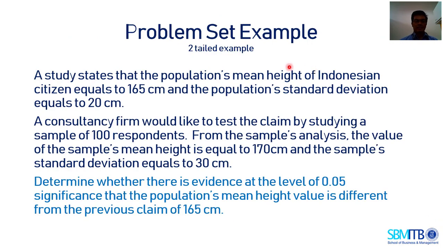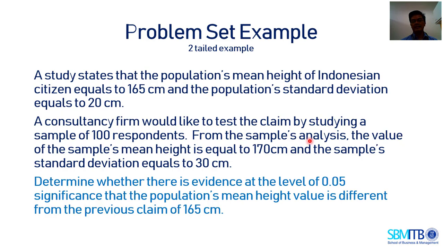So we have an example of a problem set. A study states that the population's mean height of Indonesian citizens equals 165 centimeters. The population's standard deviation equals 20 centimeters. A consultancy firm would like to test the claim by studying a sample of 100 respondents.